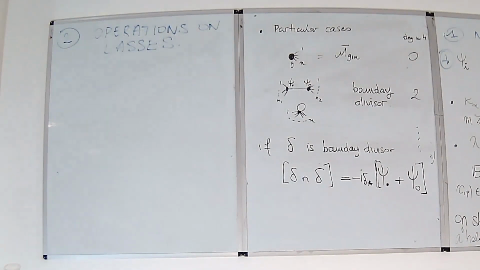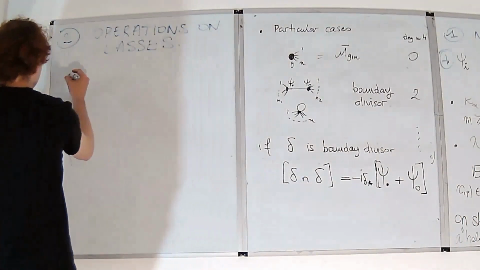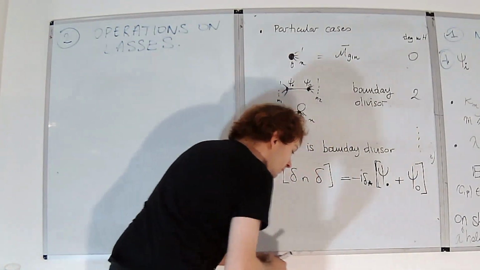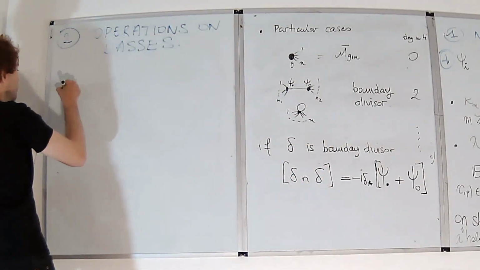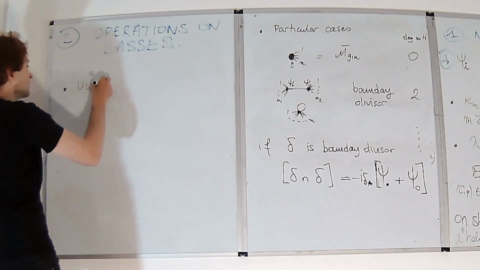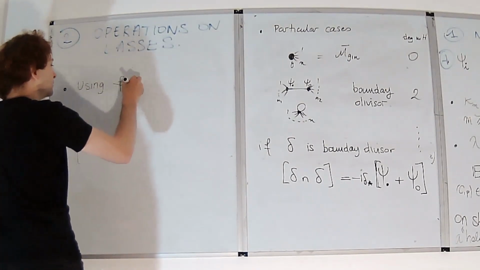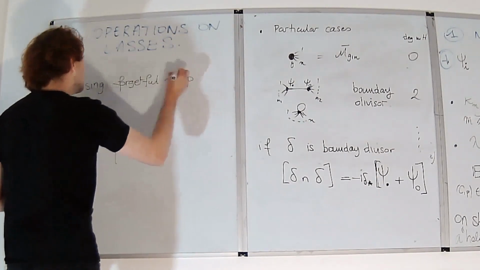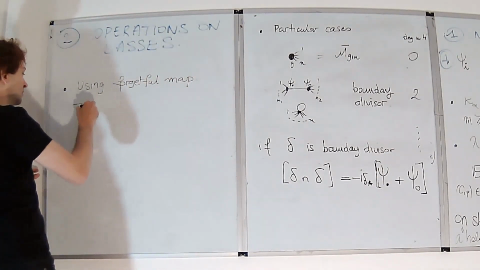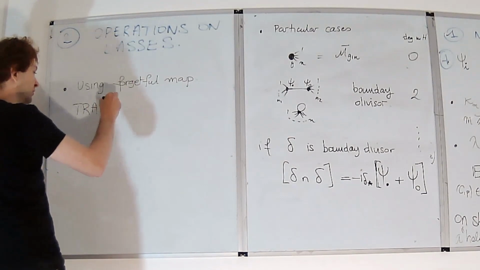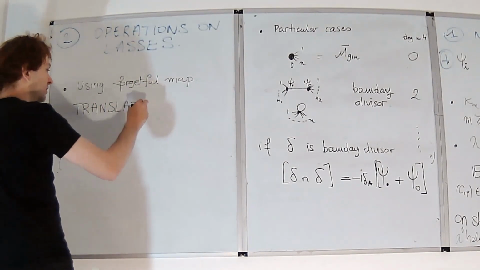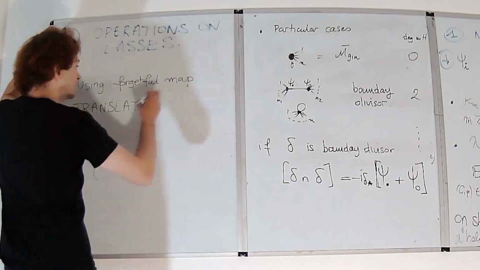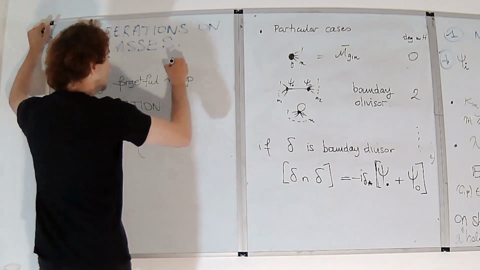Good. So there are two operations related to the two types of morphisms we have. The first one uses the forgetful map, and the name is rather standard, it's called translation. So the forgetful map, F_L.